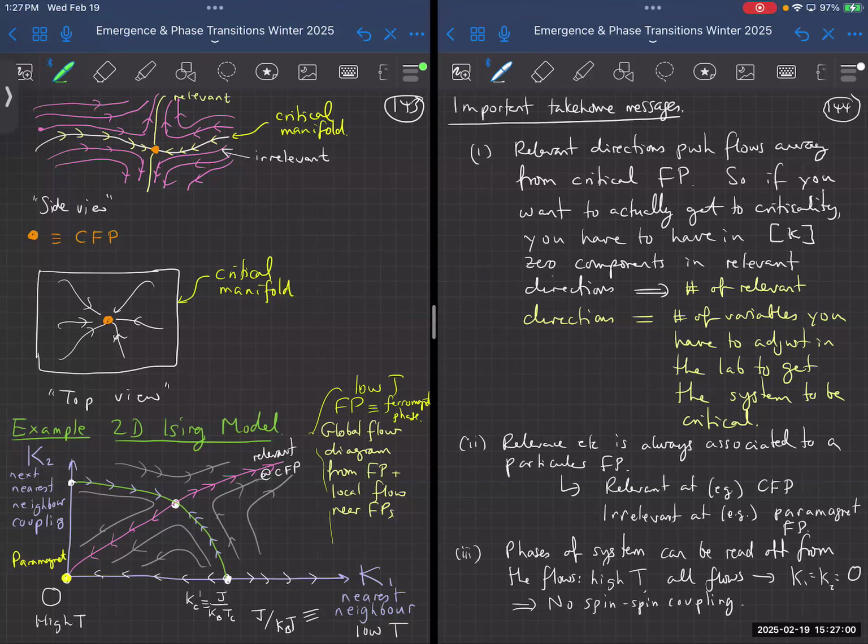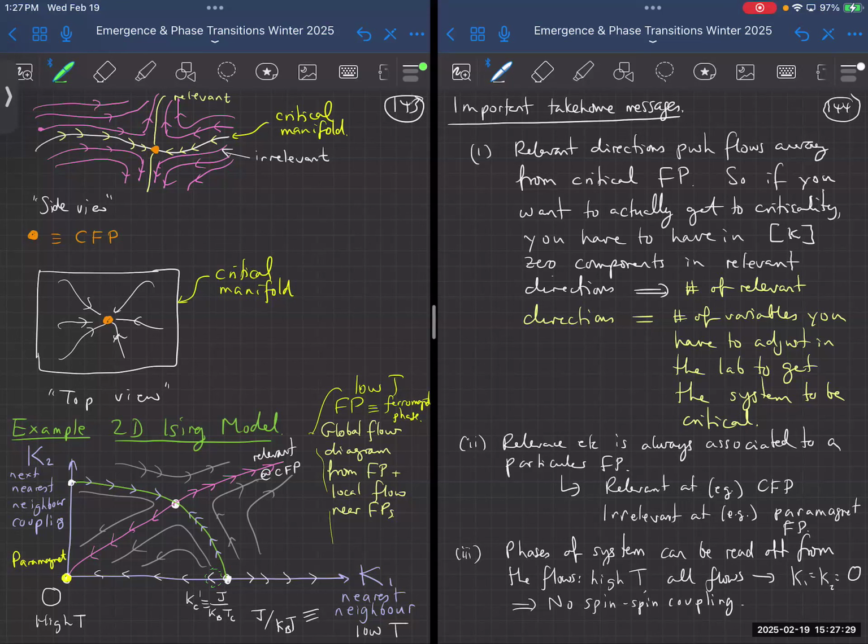So what that tells you is, even if you're 1 millikelvin below Tc, so you're over here, just where I'm drawing my pen on the left, I'm very close to the critical fixed point, but on the left-hand side of it. Then after many renormalization group transformations, I will flow into the paramagnetic fixed point.